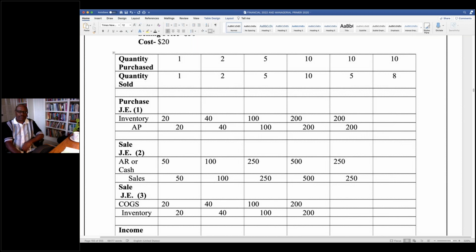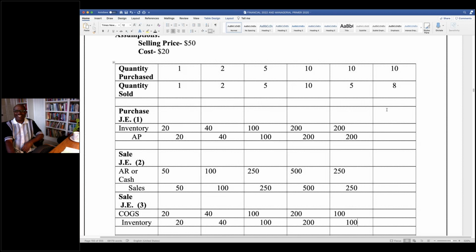Why is it 100? Because we only sold 5. The other 5 are sitting here unsold.